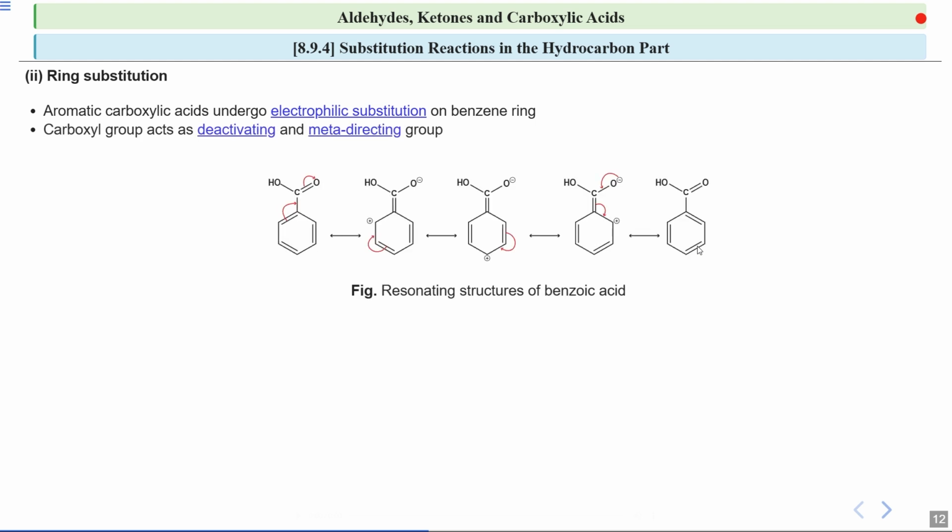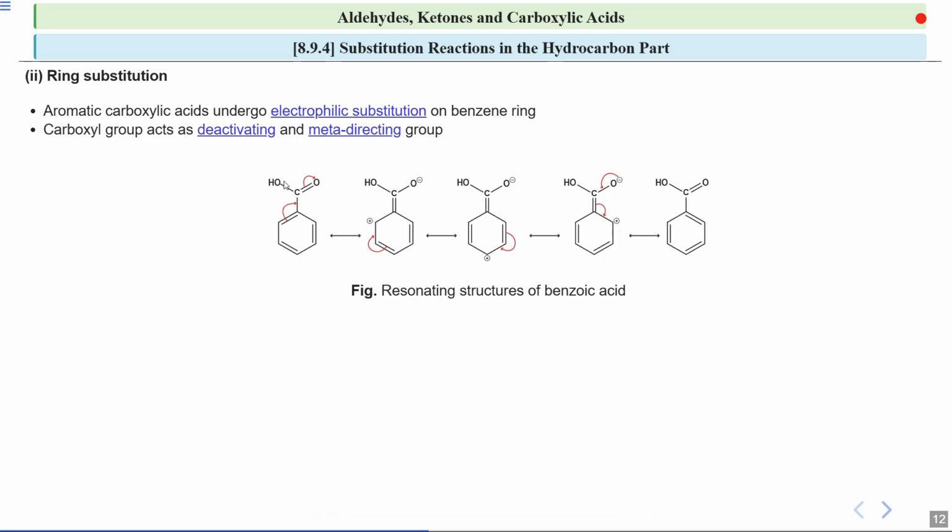Now first of all, you will see that the carboxyl group, which is attached to the benzene ring, plays a key role over here. We know that this carboxyl group is a deactivating group. Being a deactivating group, it makes the ring less reactive towards electrophilic substitution.